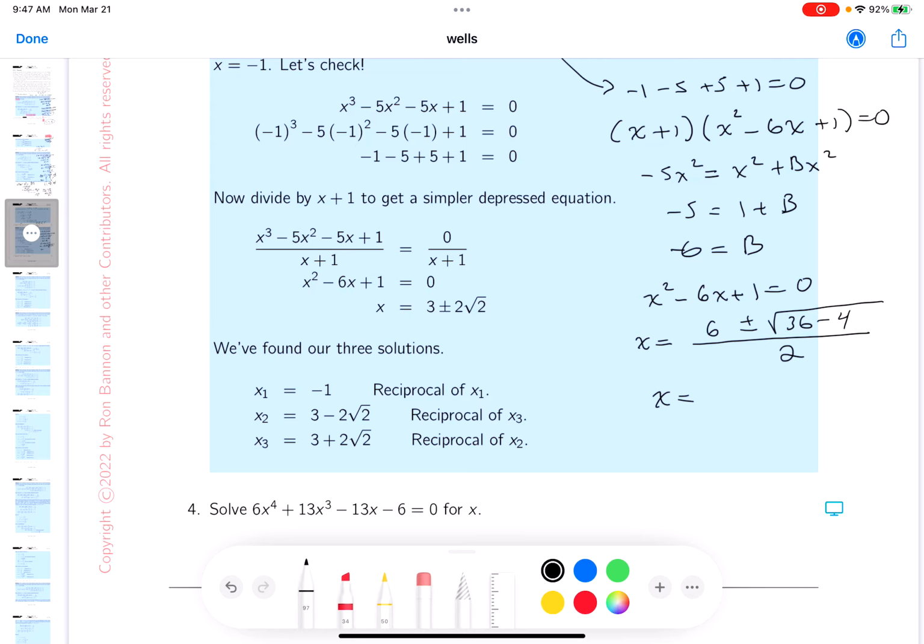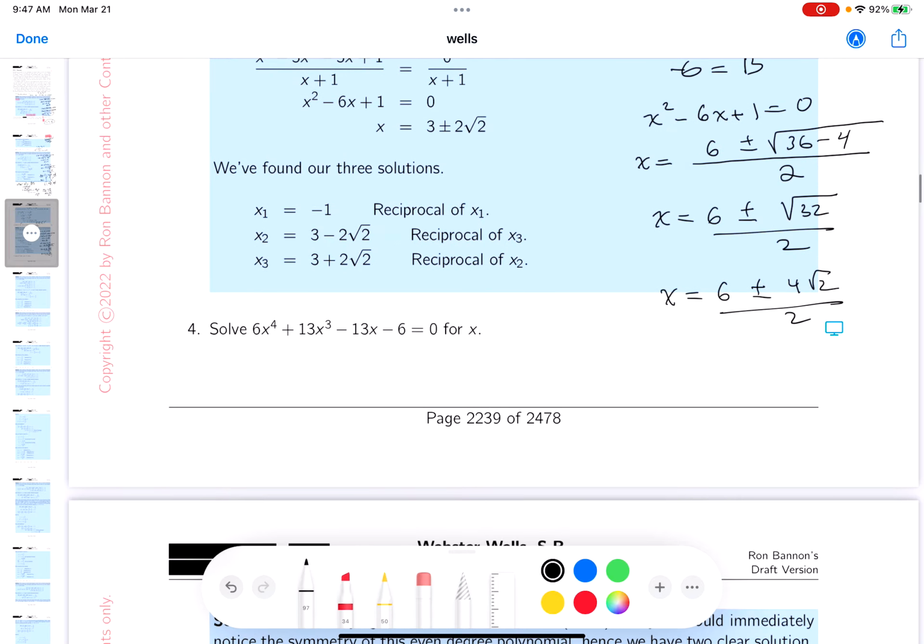X is equal to 6 plus or minus, that's 32, over 2. X is 6 plus or minus, well, 32 has a 16 in it, so it's going to be 4 root 2 over 2. And let's divide through. X equals 3 plus or minus 2 root 2.